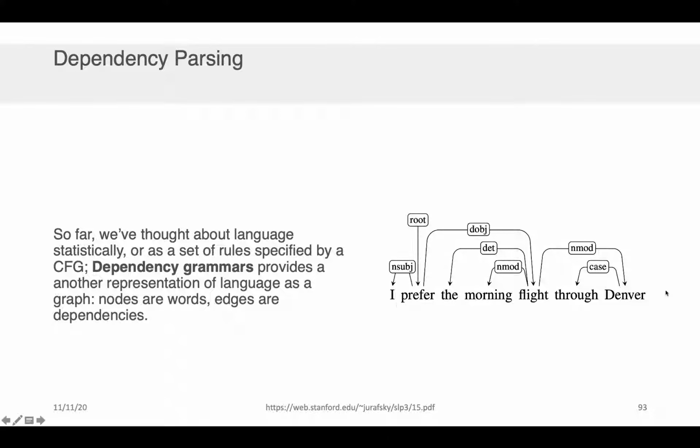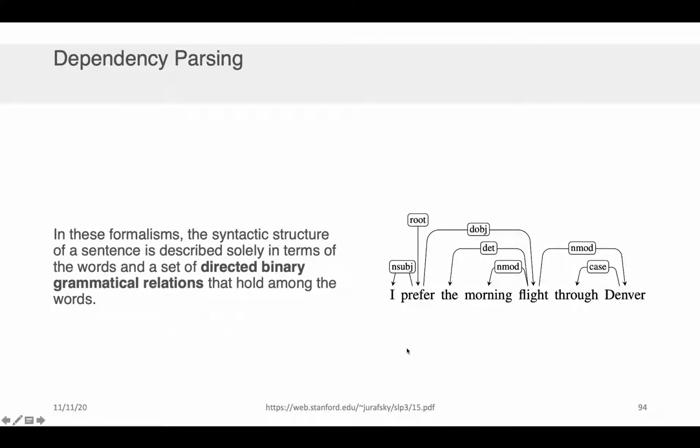And these dependency grammars, which come out of dependency parsing, provide another representation of language as a graph, where the nodes are the words and the edges are the dependencies between those words. So in these formalisms, the syntactic structure of the sentence is described solely in terms of the words and a set of directed binary grammatical relationships.